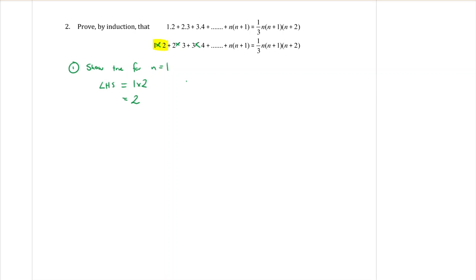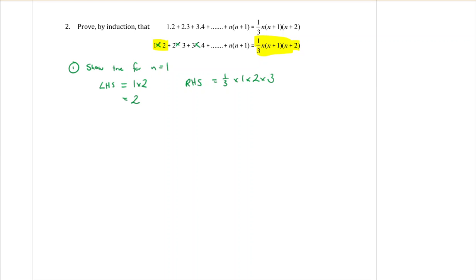Okay, let's check the right-hand side. So we're coming over to the right-hand side, this big messy thing over here. That is going to be equal to 1 over 3 times 1 times n plus 1, which is 1 plus 1, that's 2, correct? And then n plus 2 is 3. You see what I've done? I'm subbing into here.